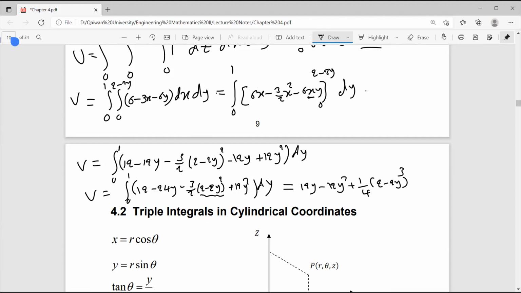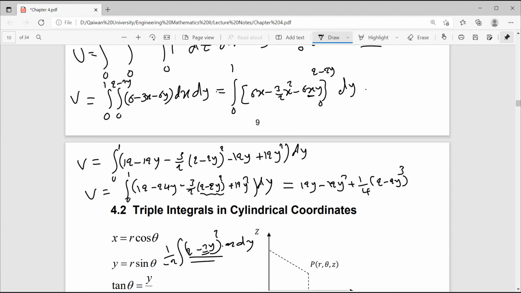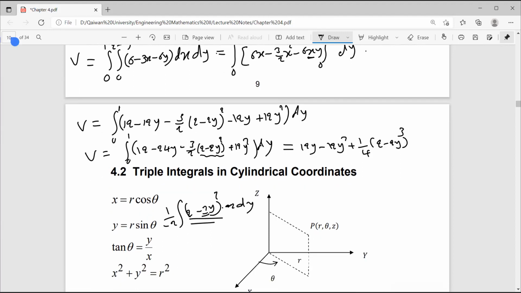Okay, look, the integration of this (2 minus 2y) squared. If we have the derivative of the inside of the bracket, which is minus 2, divided by minus 2, the integration of the bracket is we just add 1 to the exponent and divide by the new exponent. We get minus half of (2 minus 2y) to the power 3 divided by 3.